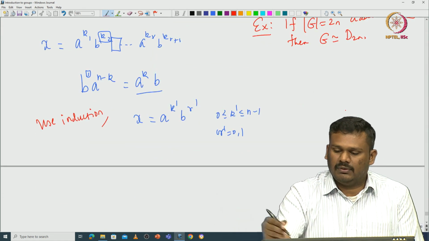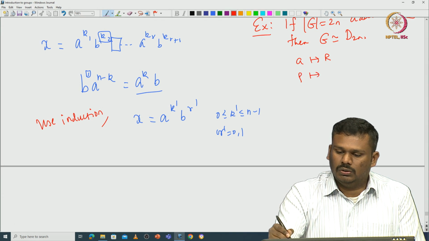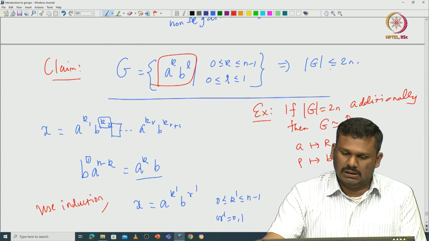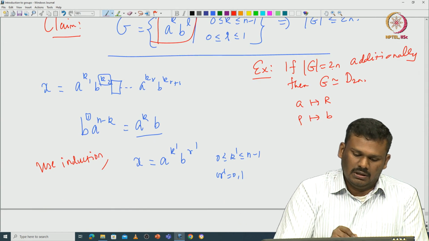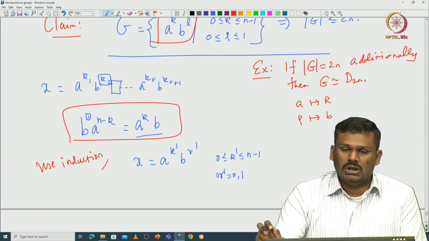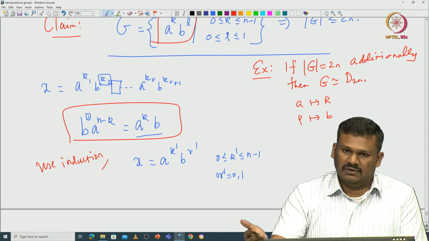Basically this isomorphism comes from mapping a to r and rho to b. You can directly check, because we have this relation b a power n minus k is the same as a power k b. Using that you can check that this map is well defined as well as actually a group homomorphism.